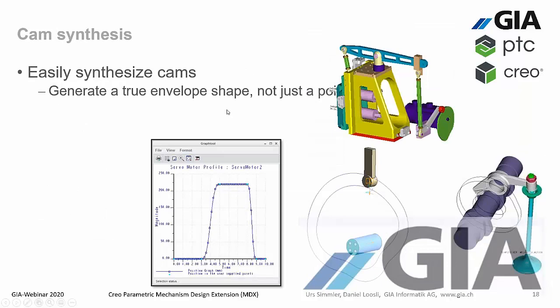An additional capability within mechanism design extension is to generate envelopes, shapes, and all that kind of stuff. That means we can do some cam synthesis. So we are defining here maybe a movement behavior, maybe here on that slider joint.